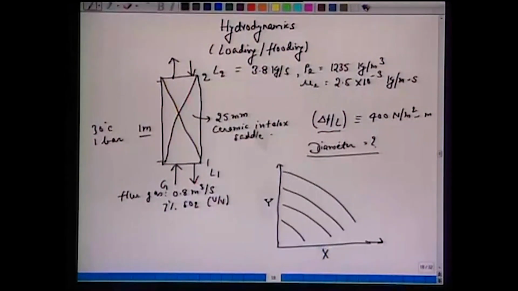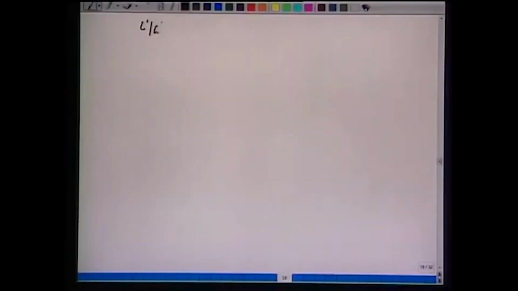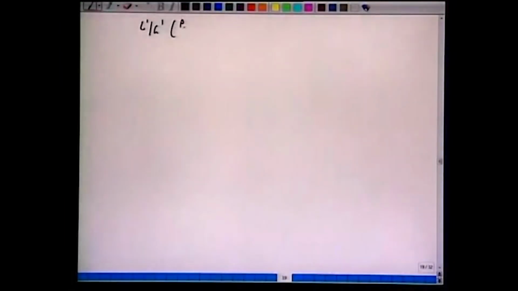So, let us do this first. First we have to determine L prime by G prime times rho G over rho L to the power 0.5. So, this is on your x coordinate.